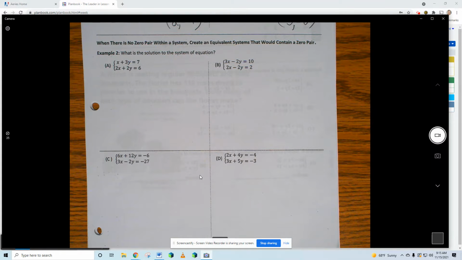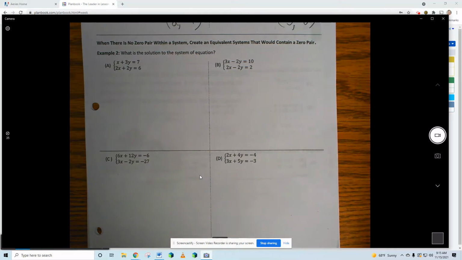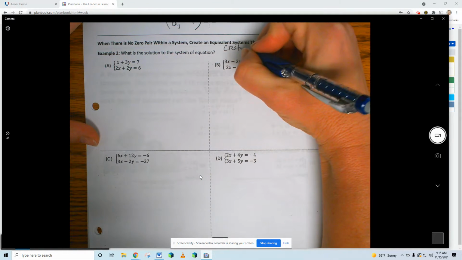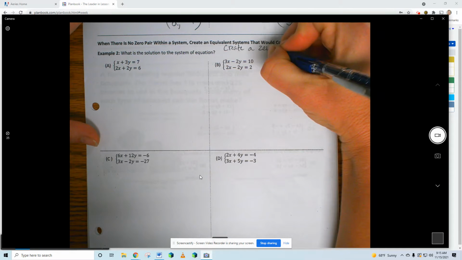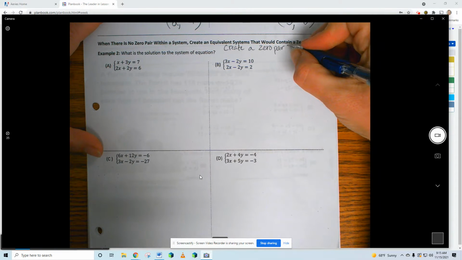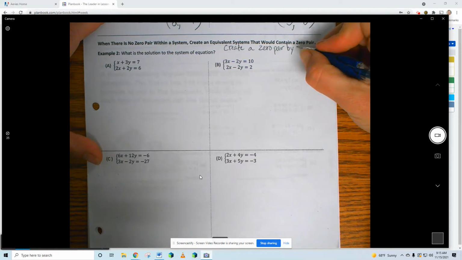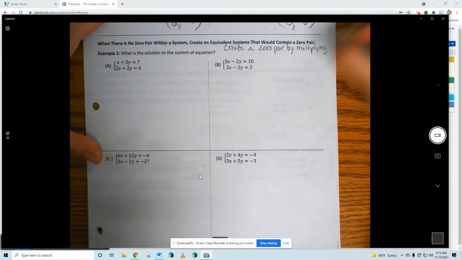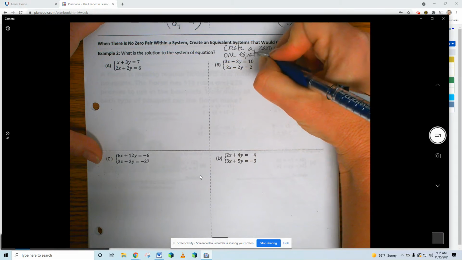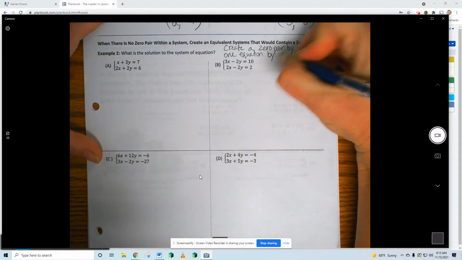Today I am not going to be given a zero pair, so I need to create a zero pair. I'm going to create a zero pair by multiplying one equation by a number.